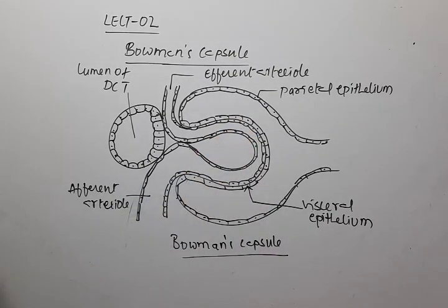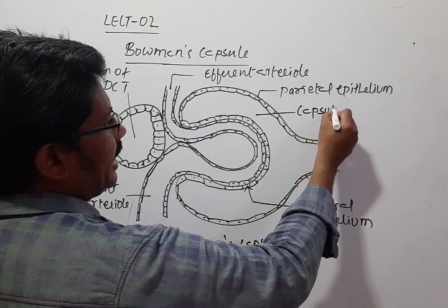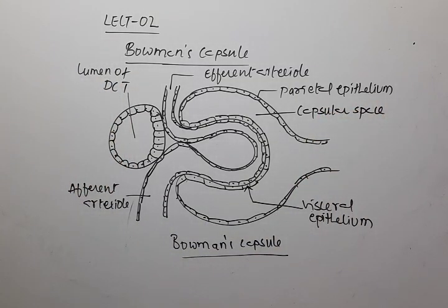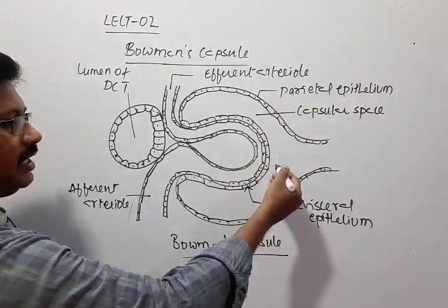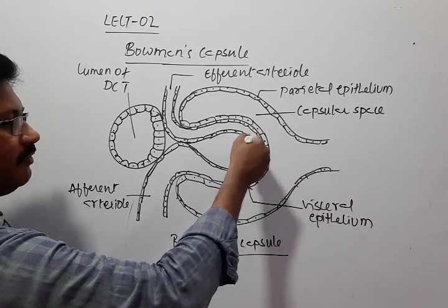The space between the parietal and visceral epithelium, we call the capsular space, into which the primary urine, or the filtrate, enters.